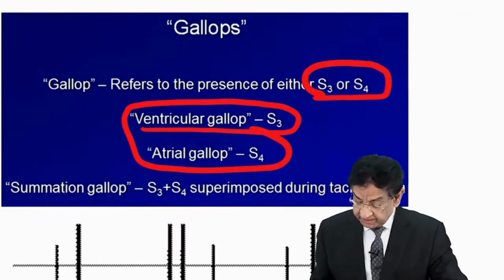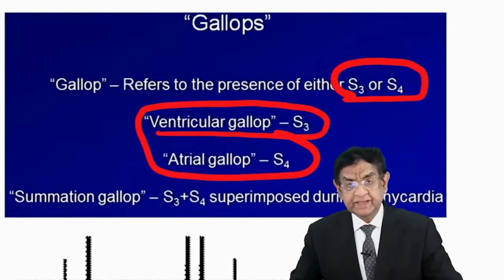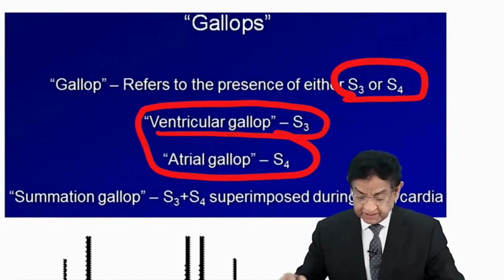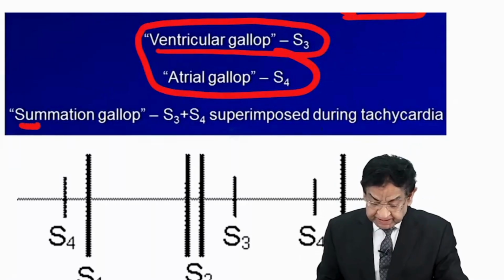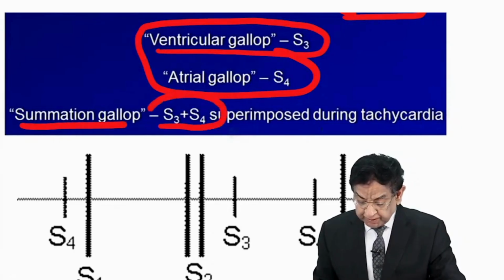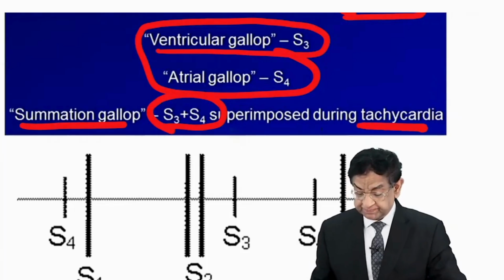So whenever you write, they may ask: atrial gallop means S4, ventricular gallop means S3. But why am I spending so much time? We have a term called summation gallop. When S3 and S4 are superimposed on each other, this we call a summation gallop, seen with tachycardia.